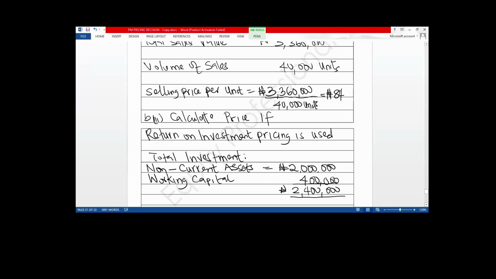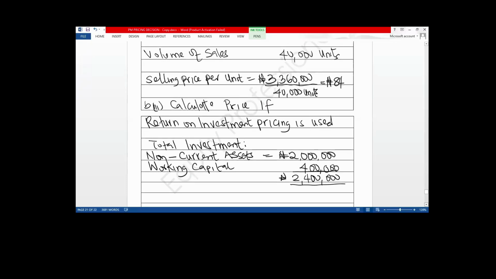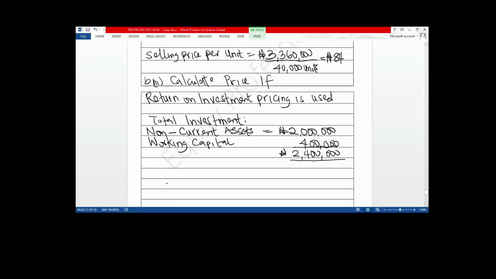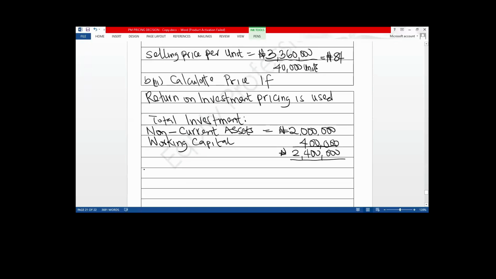Next, determine return on investment. What is the target return on investment? Please look at the question. 10%. The examiner says 10%.